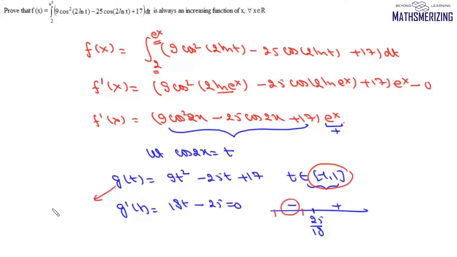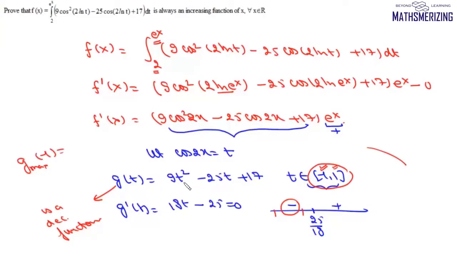So that means g(t) is a decreasing function, and when the function decreases, its maximum value occurs at the point where the interval starts, and its minimum value will occur at the point at the end of the interval. So g max will occur at -1.